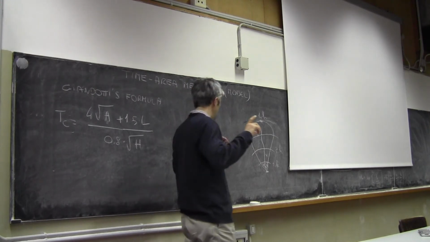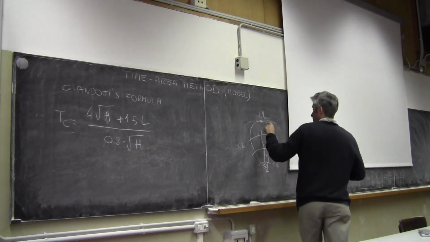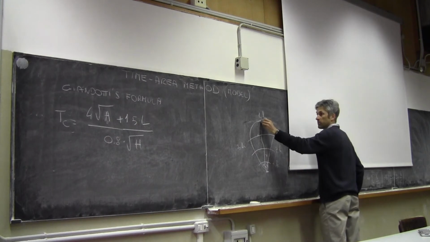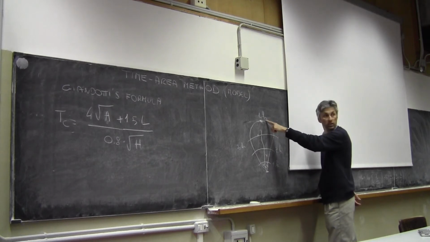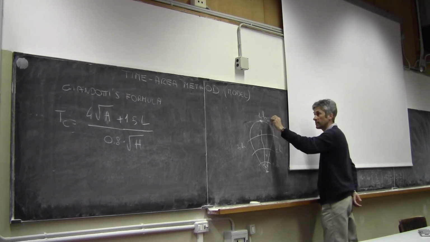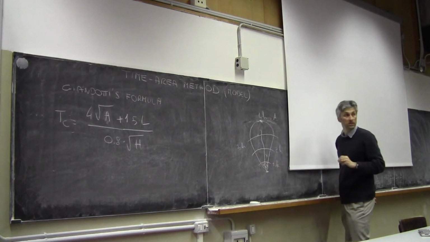I better explain. Let's assume that you have, at this point, which is located much farther from the closure, a concentration time of 4 hours and an area A of the catchment.